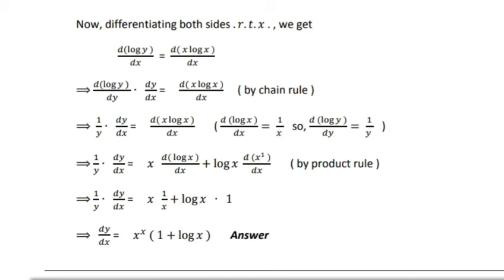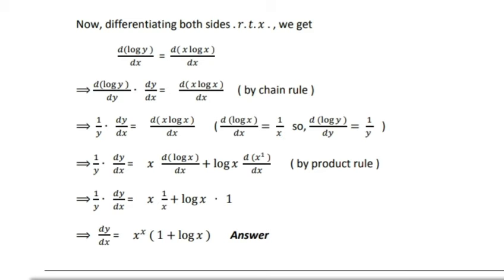But there is a problem right from the first equation. There you have log y instead of log x. If you have log y, then there is no formula for that. But if you use the chain rule, then this problem can be easily solved.